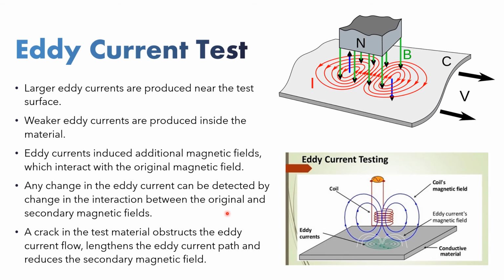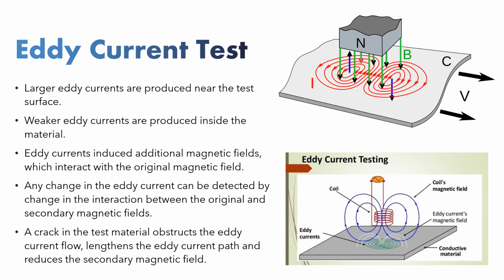Then you're going to observe. Any change in that current, you can detect it. So how do we detect the eddy current change? We detect it by the change in the interaction between the first and the second magnetic field. Now if you have a crack, a crack in the test material is going to obstruct that current flow, okay?